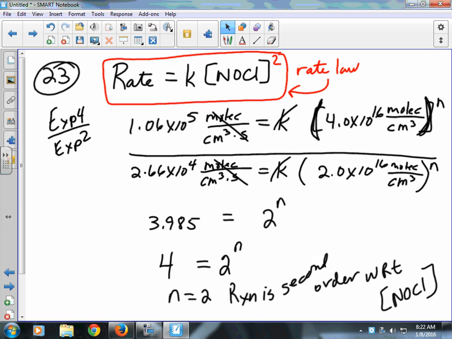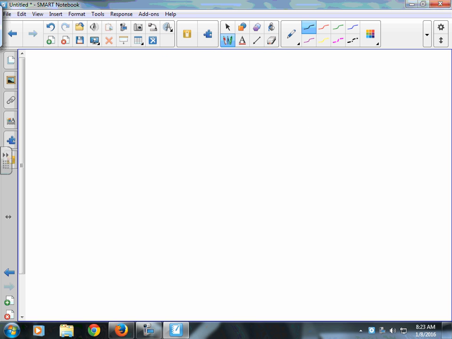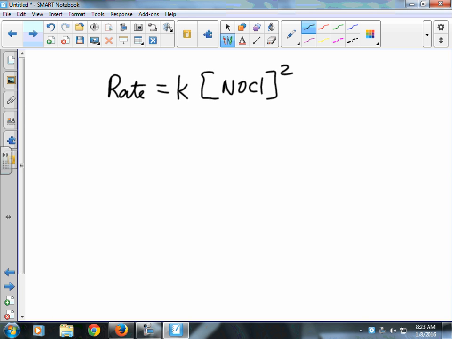Okay, part B wants to know the rate constant. So we're going to take our rate law, pick an experiment, plug in the values, and solve for K. Taylor, pick an experiment. 3. Okay, we'll use the third experiment.